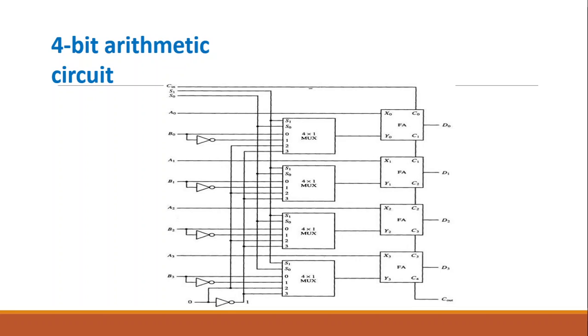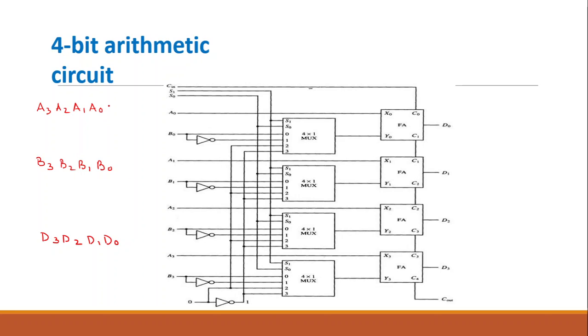So what are the 4-bit inputs? One 4-bit input is A3, A2, A1, A0, and another is B3, B2, B1, B0, and the resultant will be stored in the output D, that is D3, D2, D1, D0.